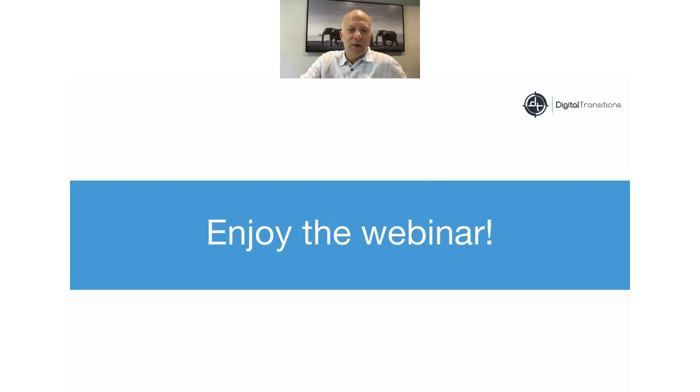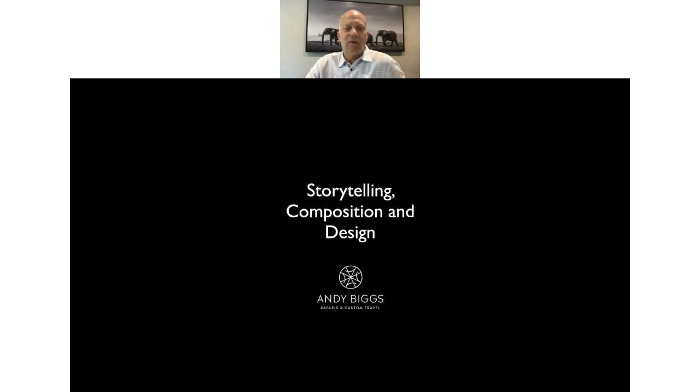So I'm going to do a quick intro, if you don't mind. Okay, great. So today I'm going to go over basically my idea of storytelling, composition, and design of photography. Photography is a visual medium for storytelling.